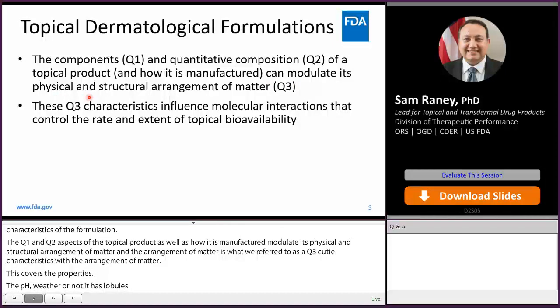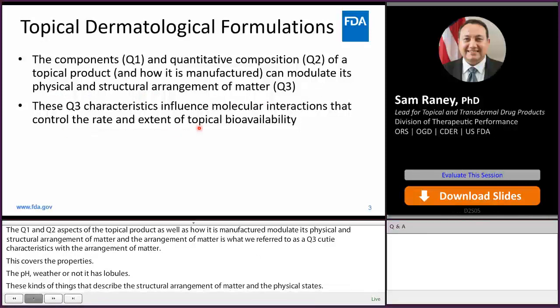These Q3 characteristics influence the molecular interactions that essentially control the rate and extent of topical bioavailability. And it is this rate and extent to which the drug becomes available at the site of action or sites of action that are at the heart of understanding whether two products are going to be bioequivalent to each other.